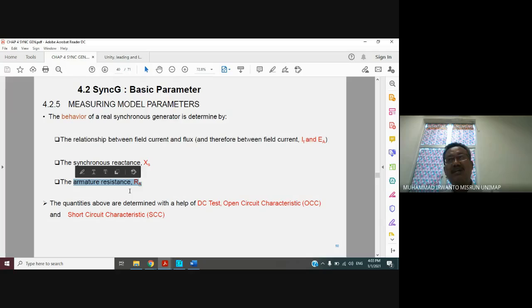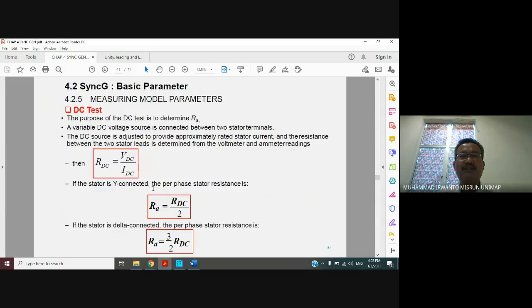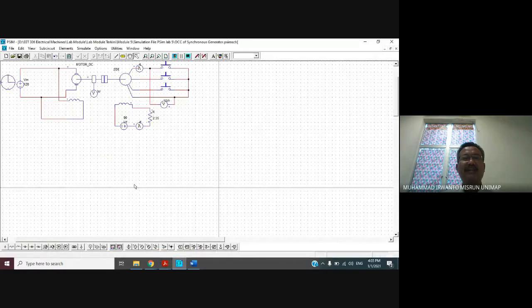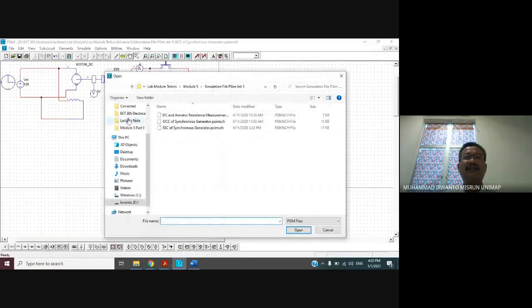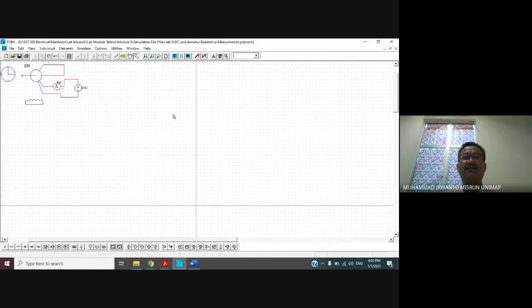That is lab 5, the same as this explanation. First you do the DC test, lab 5 part 1. You connect the DC voltage source here and then measure the current flow.